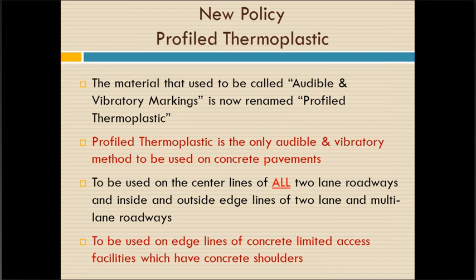So if you have a limited access, concrete facility that has concrete shoulders, the intention is that you would use profile thermoplastic on the edge lines as an audible and vibratory marking. I know that might be confusing because it's not in there, but I wanted to highlight that because it's not covered in the bulletin.